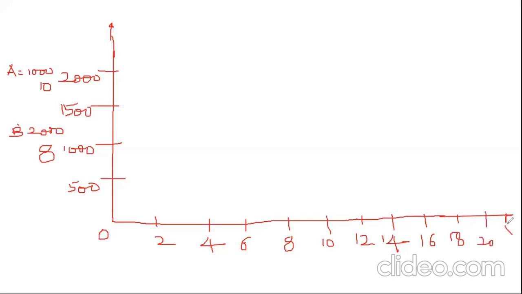This is the x-axis. Let's take for example, this is y. Now you see, first of all, A produced 1000 units and unit cost is 10 rupees. So here up to 10 you take.